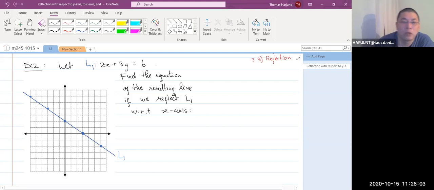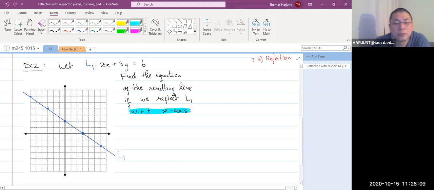Okay, but when we reflect with respect to x-axis, what do we know? When we reflect with respect to x-axis, your coordinate x, y becomes x comma negative y, right? In other words, I will keep the x component. I will take the opposite of the y component.